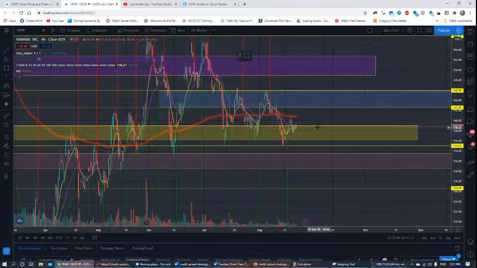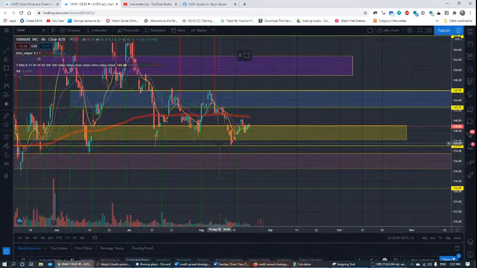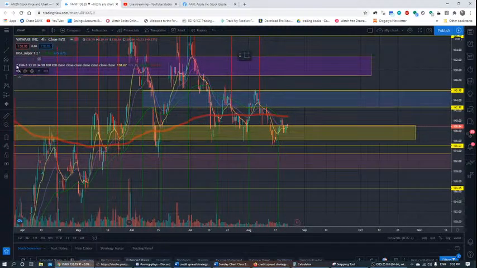So right now we're in a bearish trend because the 200 and the 50 are above each other. So it pretty much made this death cross. So right now I'm looking for consolidation for Chewy.